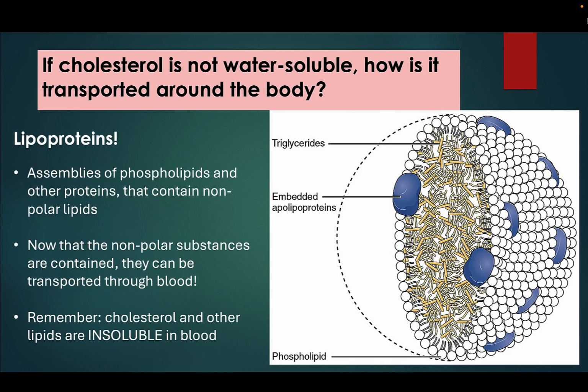These are insoluble in the blood, and when we contain them in something that looks very much like a micelle made up of phospholipids and other proteins, we are able to transport these non-water soluble substances around the body and get them from where they're produced to where they need to be used.